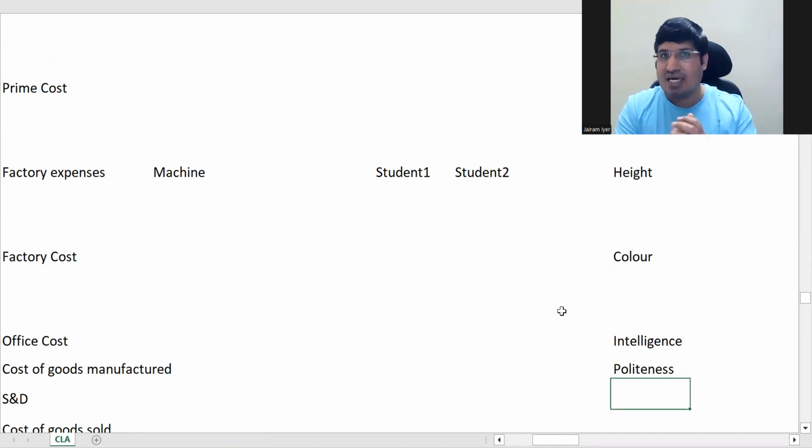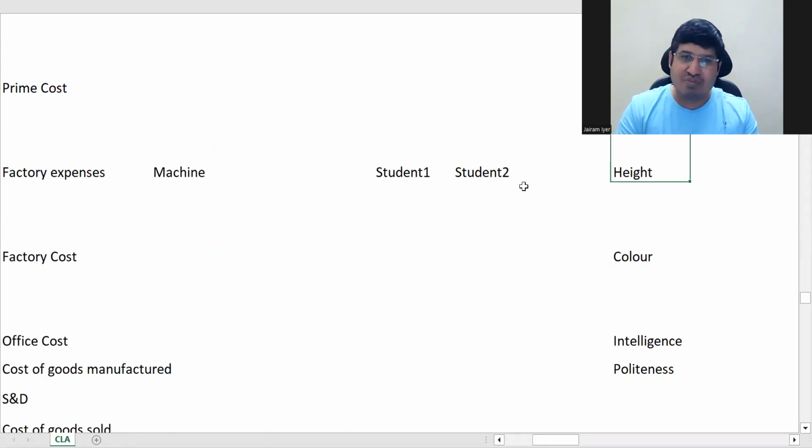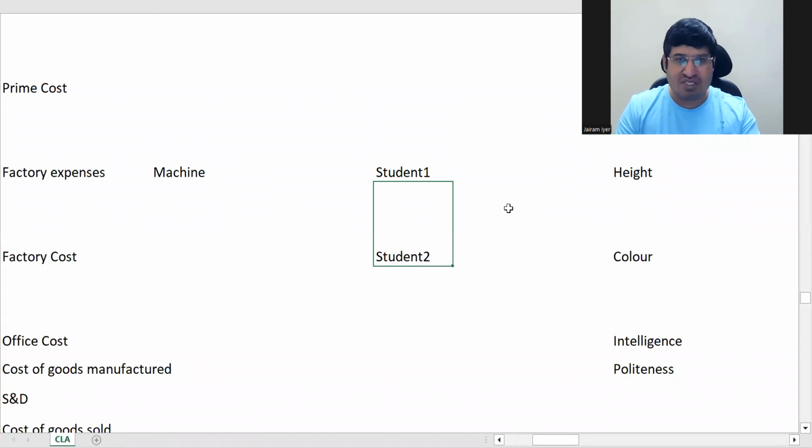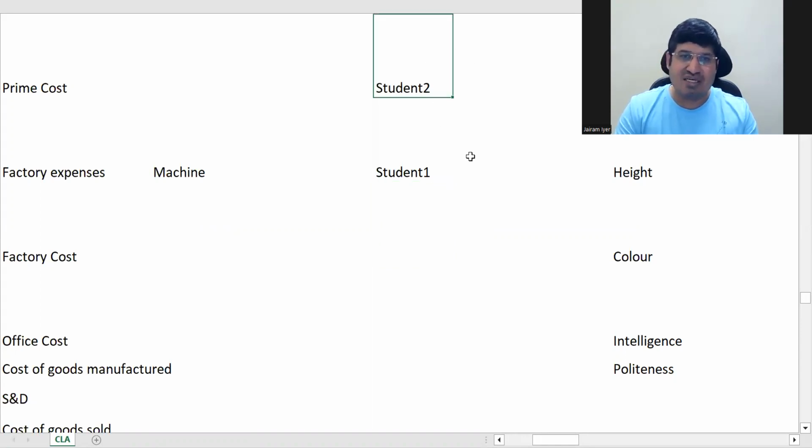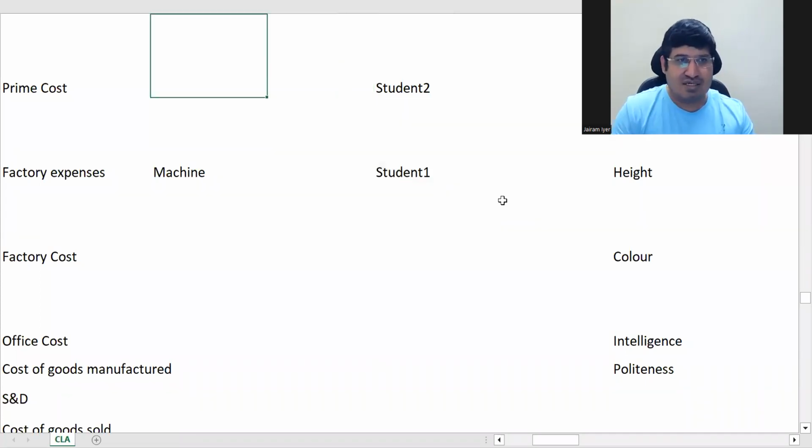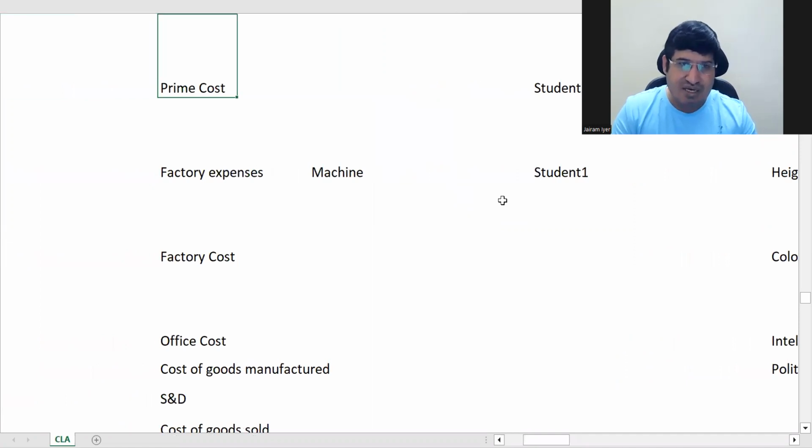There are several ways I can classify. If I am using height, then maybe student 1 will be first and this will be second. If I'm using intelligence, then it might be the other way around, he will go on top. So what I'm trying to say is, whenever you classify, it depends on the base you use. Based on the base, the classifications will change. Understood?